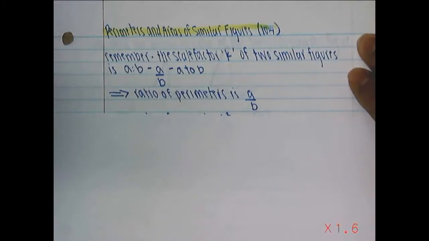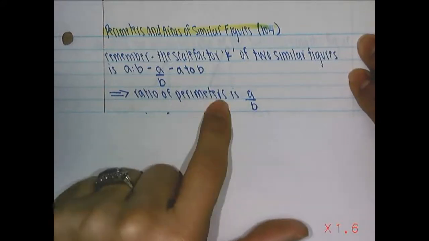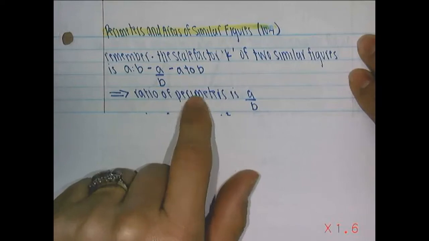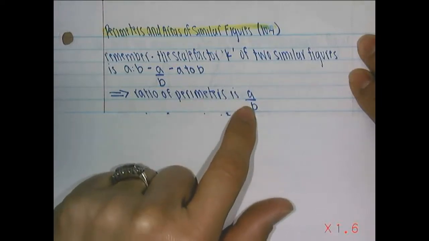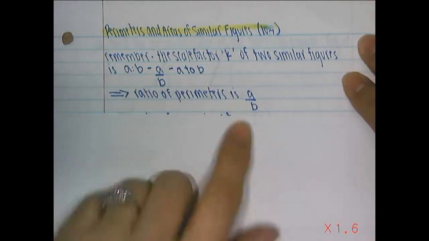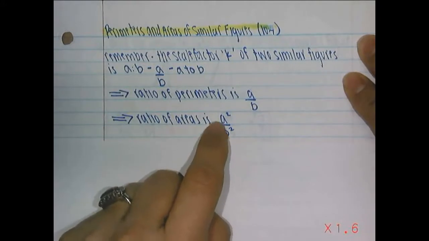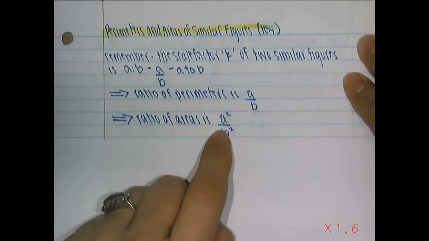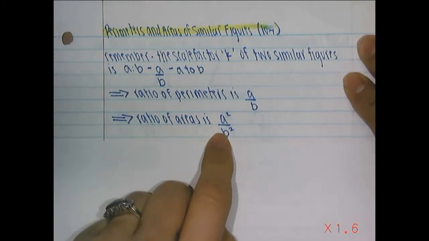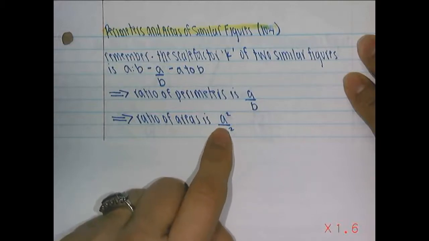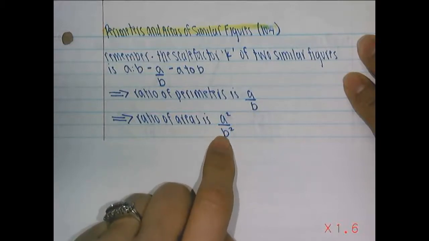So what I want you guys to know is that if we're talking about two perimeters of a figure, we would find their scale factor, and it would be written as A over B, which we'll get into in a second. The thing about areas is we're going to find that same scale factor, and we're going to square that scale factor. Again, we'll get to that in a minute, so it makes a little bit more sense.